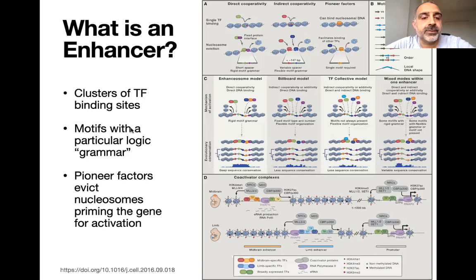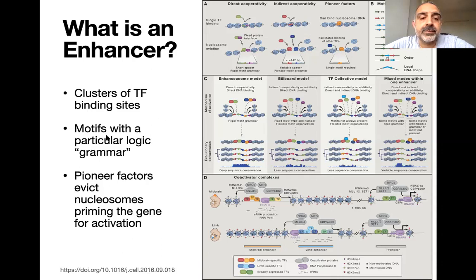And so, for example, these motifs, these clusters all have a particular logic, which this review here describes. It's a fantastic review, and I highly recommend you read it, even if you're not interested in developmental biology, if you're interested generally in the idea of gene regulation in different contexts, this is really, really nice.